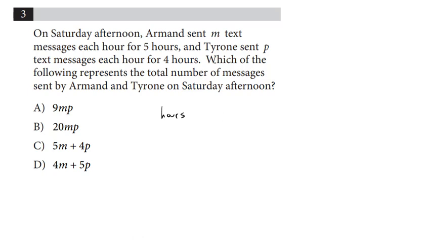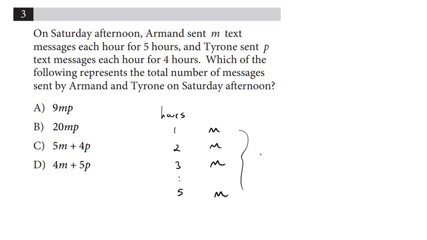Each hour he sends M text messages. For 1 hour he sent M, for 2 hours another M, for 3 hours another M, and you do it to 5 hours, another M text messages from Armand.